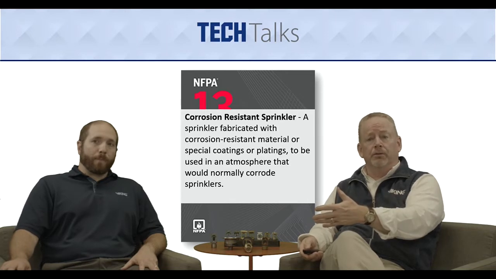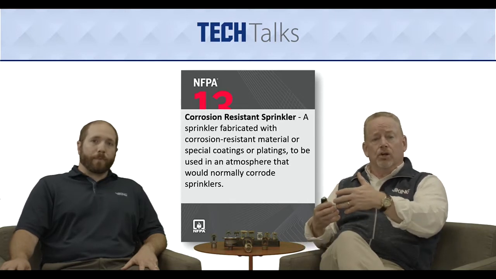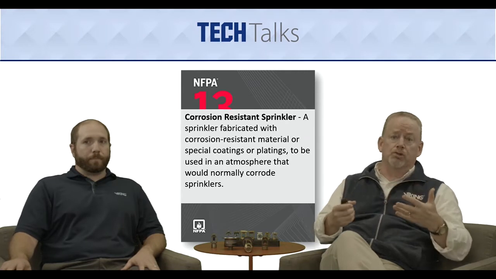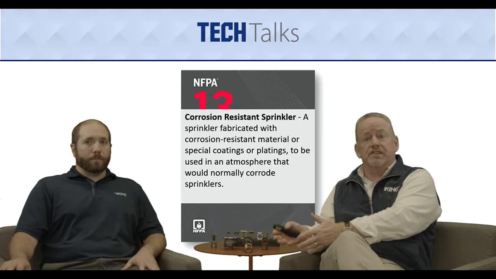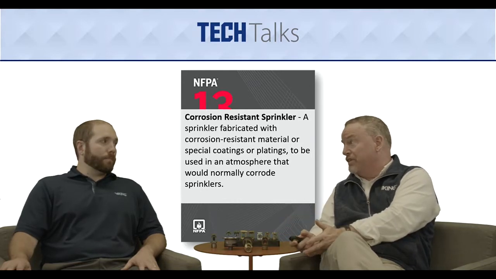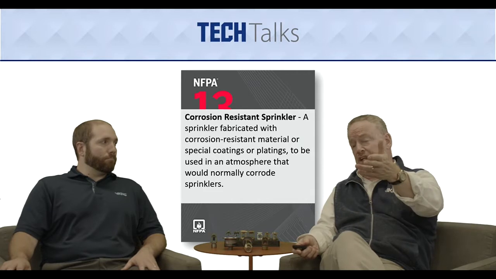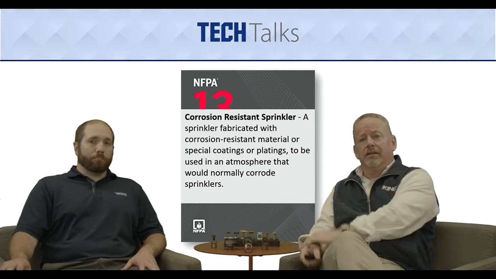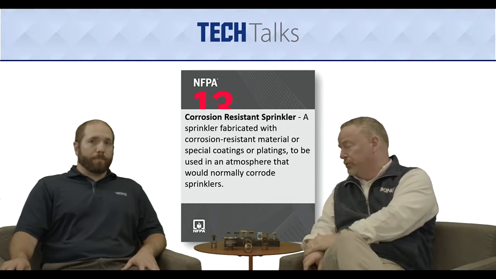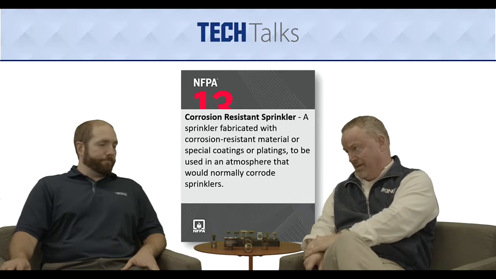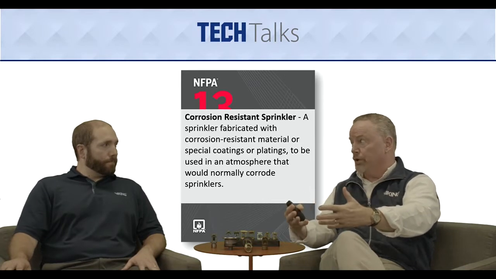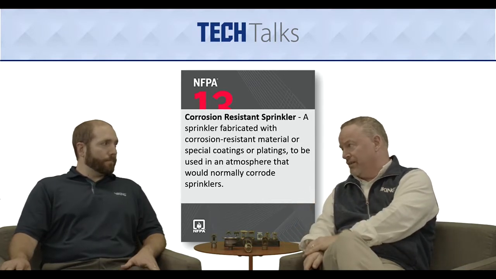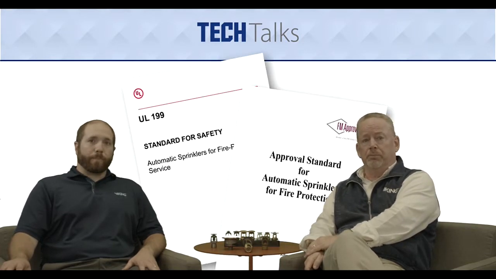But we didn't have a definition of corrosion resistance, or even the terminology, in the standard until the 1953 edition. And then this definition, which has been modified a few times, didn't show up until the 1980 edition. So it wasn't until the 1980s that we had a definition of what a corrosion resistant sprinkler was and how it would come to be one.